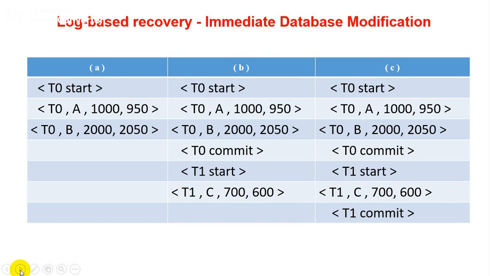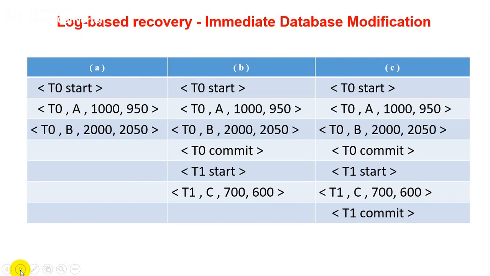Now the second case which we learn with the help of log-based recovery is known as immediate database modification. The name itself suggests it is an immediate database modification. Means we don't wait for the committed state. The immediate modification technique allows database modifications to be output to the database while a transaction is still in the active state, because the name itself suggests that it is an immediate modification.